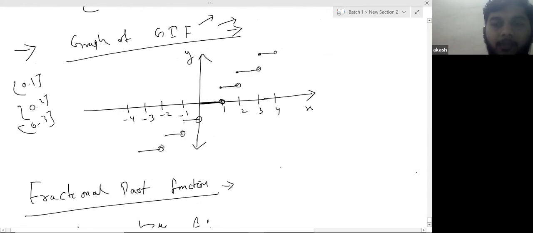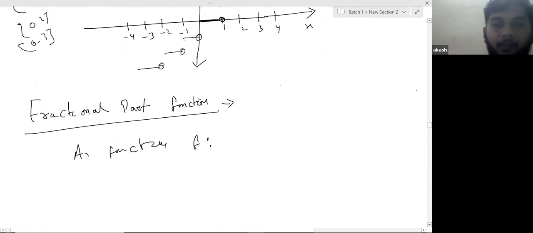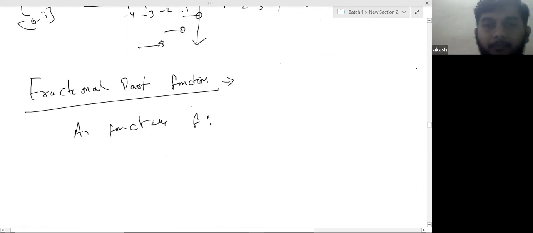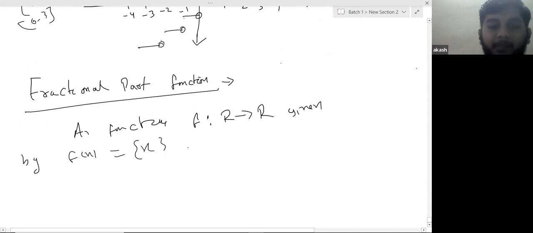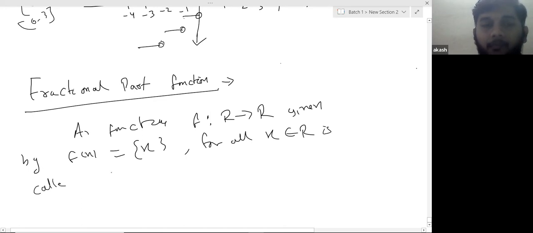Okay, fractional part function. A function f from R to R given by f of x equals curly brackets x for all x belongs to R is called the fractional part function.